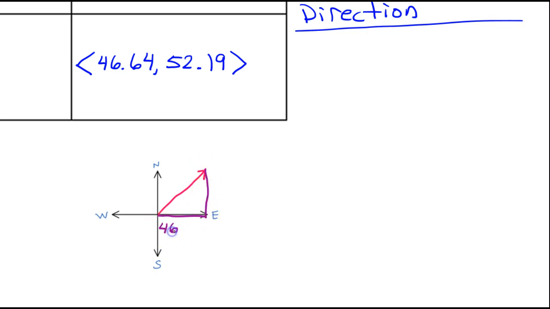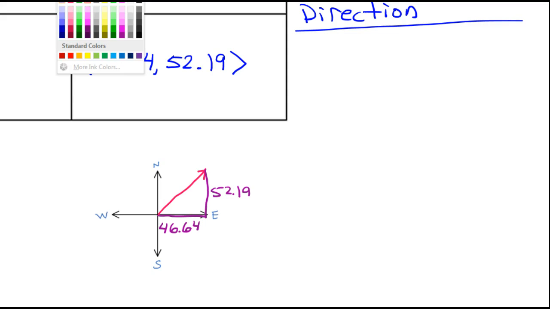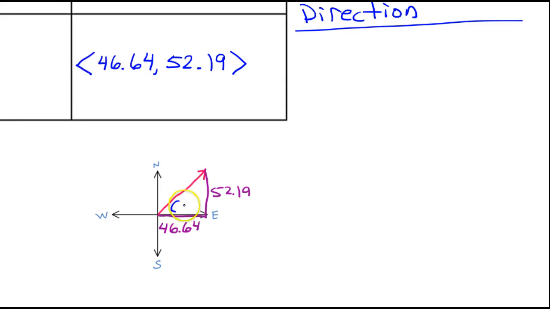So that's 46.64 and 52.19. We can use this to find the direction theta, because the tangent of theta should equal 52.19 over 46.64.